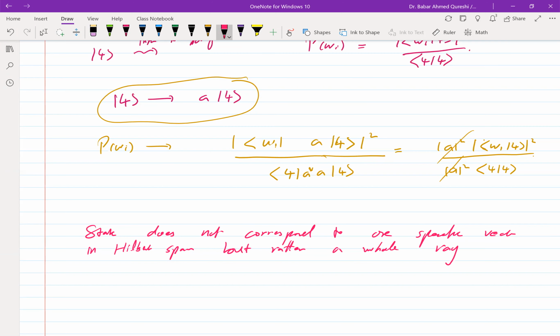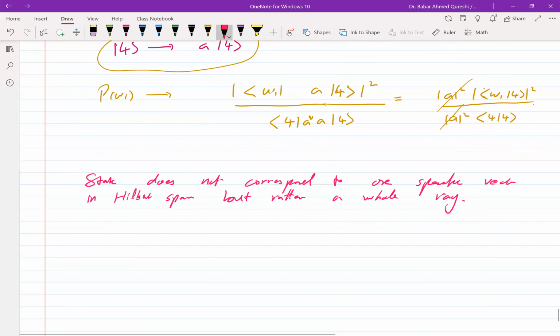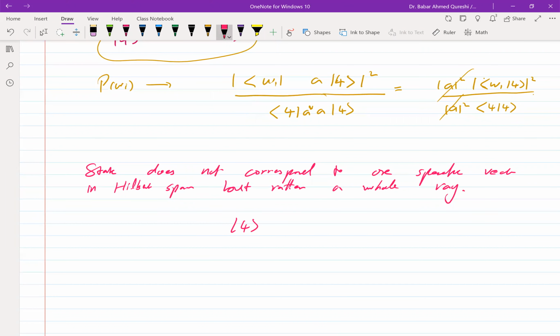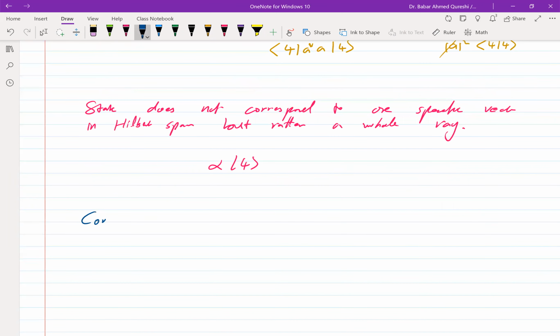People call it a whole ray. So you take psi, multiply it with any number, and it doesn't have any effect on the predictions of the theory. But it's convenient to choose psi, because I can choose any psi from this ray.